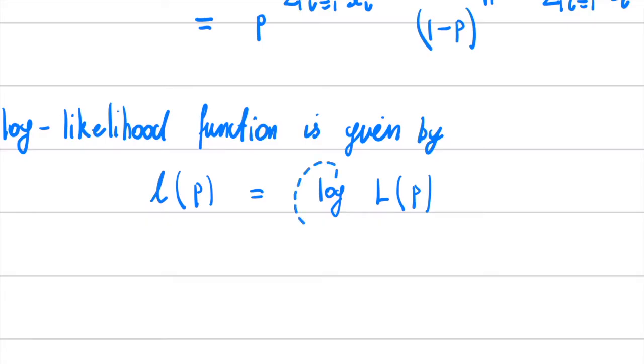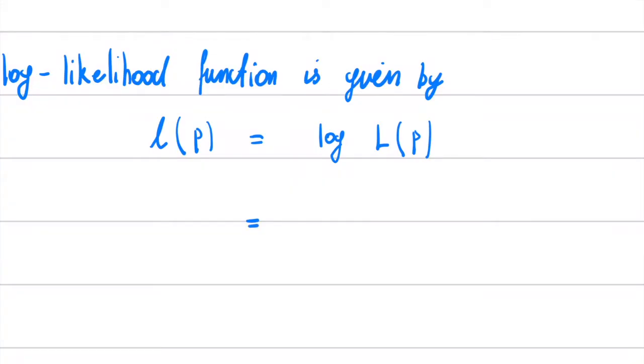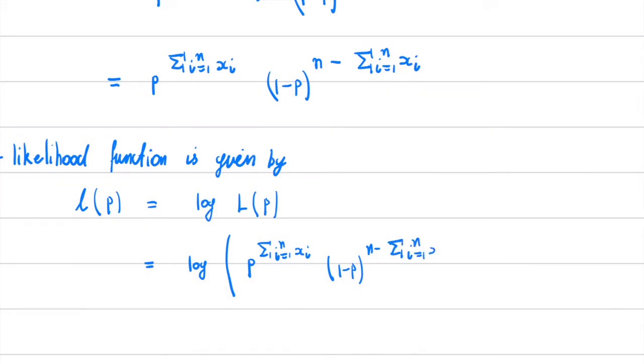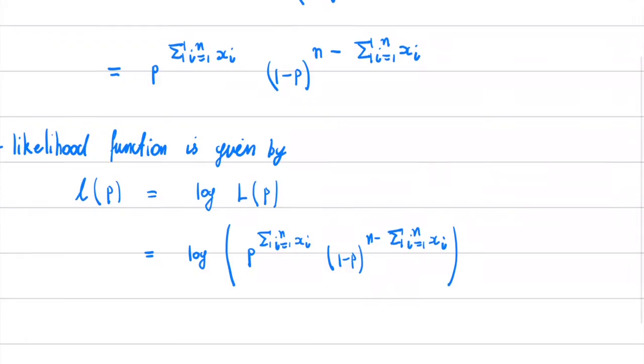Remember, log here has base e by default. So now I'm going to plug in our expression that we got above. So what was that expression? It was this expression above: p to the sum from i equals 1 to n of xi, times 1 minus p to the n minus the sum from i equals 1 to n of xi.